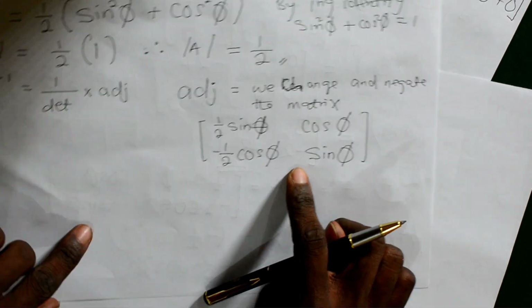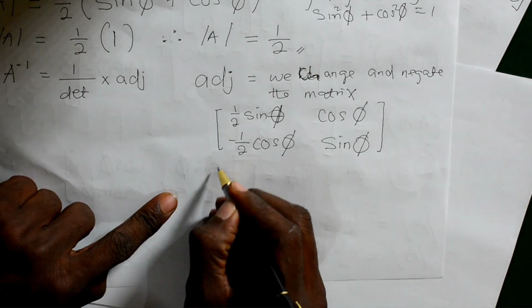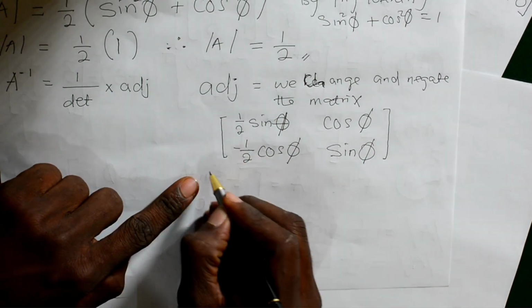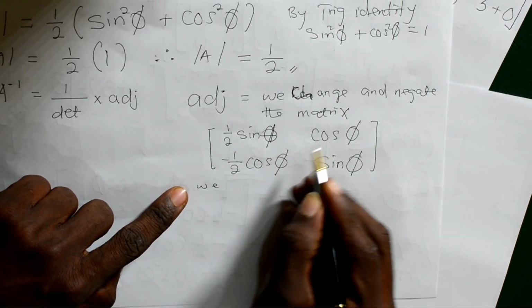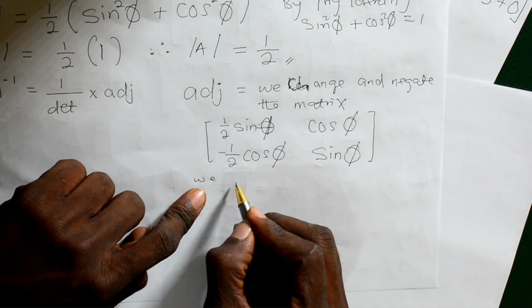So to find the adjoint of this matrix, what we have to do is we only make this trick.